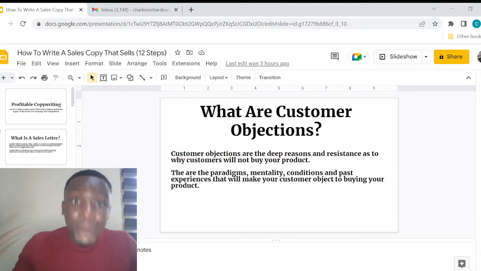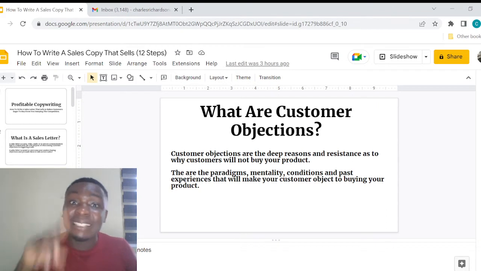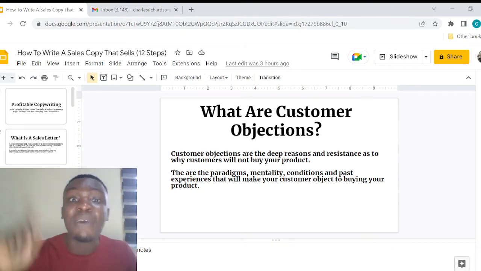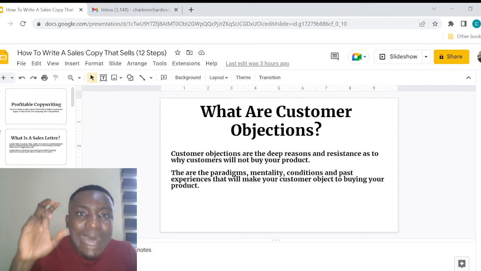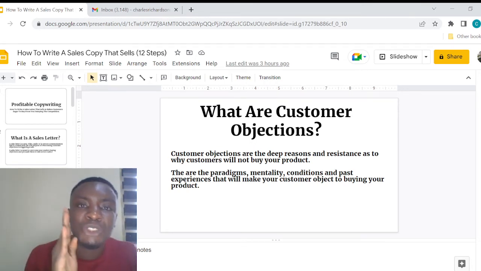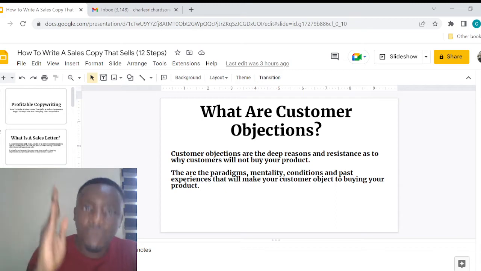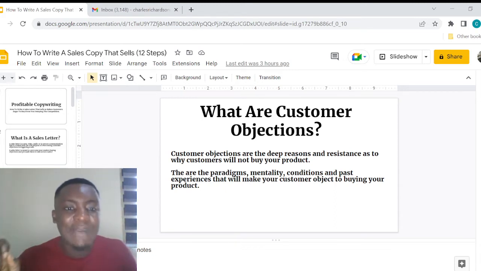Some of them bought a product online and experienced nasty side effects, and the day that they experienced nasty side effects, they swore with their life saying, I'm never going to buy a product online again. That's an objection. Your sales letter is meant to tackle all those objections that your customer will have. That is the objective of your sales letter.